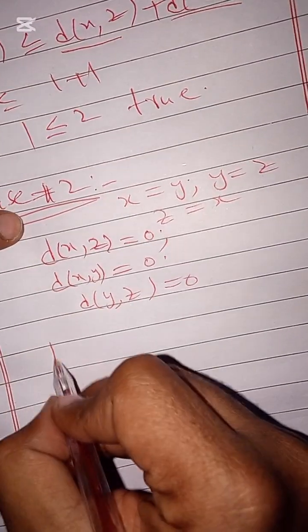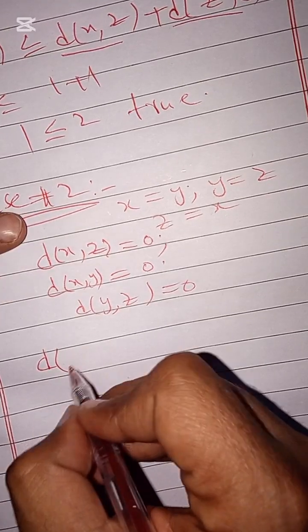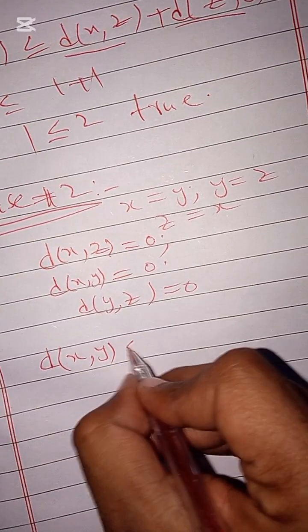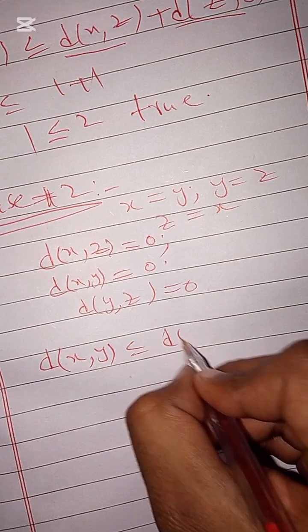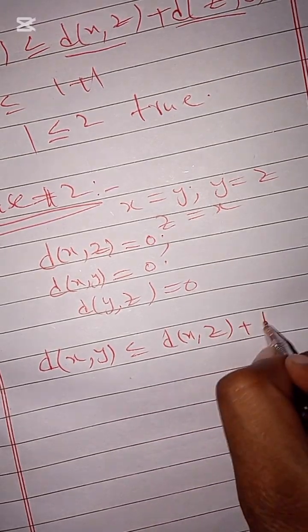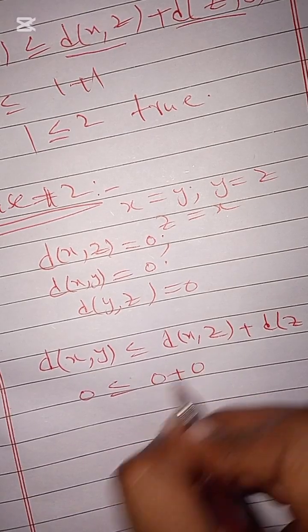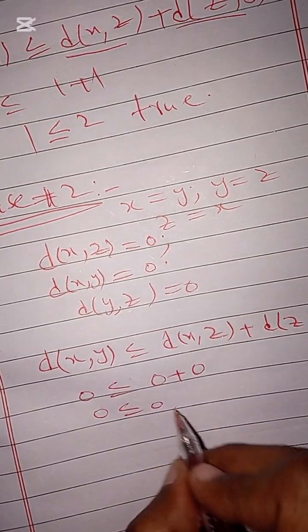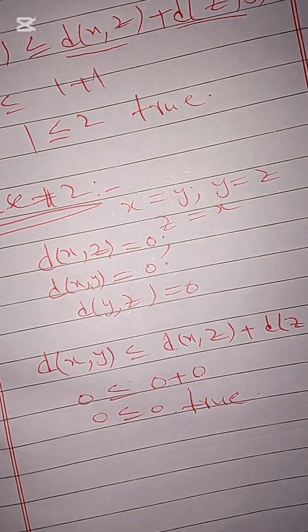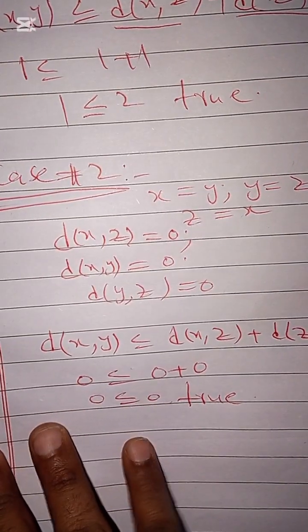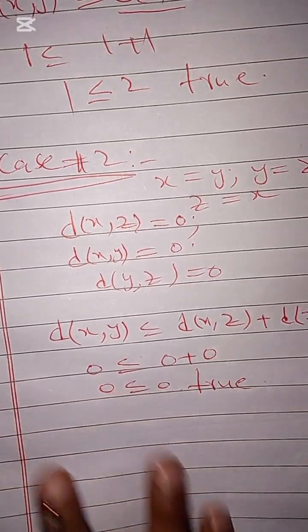So the distance of xy is less than or equal to the distance of xz plus the distance of zy: 0 is less than or equal to 0 plus 0, so this is also true. In all these conditions, this is a metric space, and this is proved.